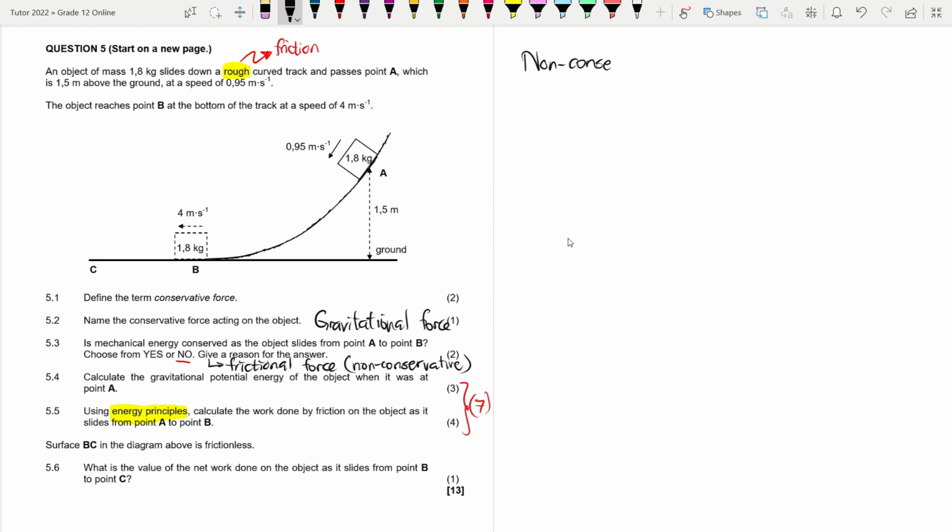Non-conservative. Okay, let's write examples of these. So there's friction. What else? Tension. Yeah, we also have tension. What else?